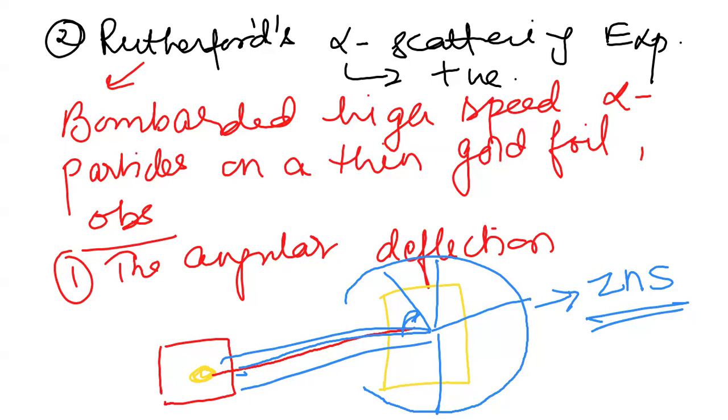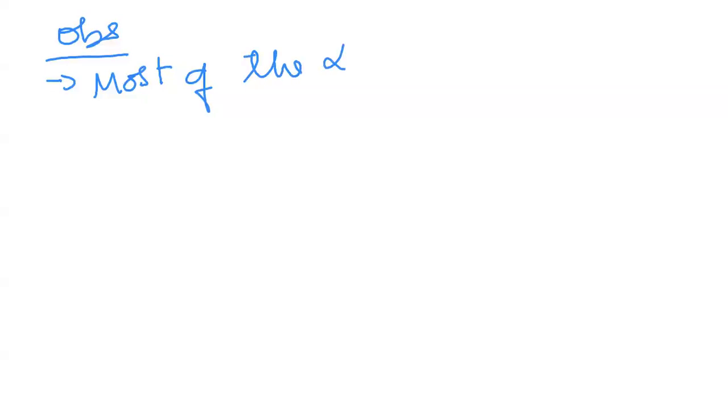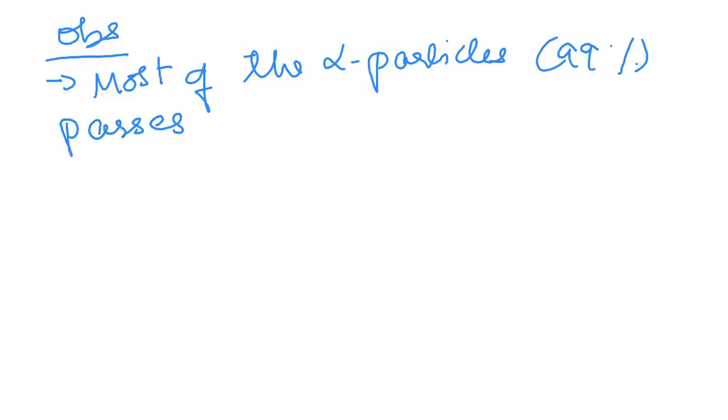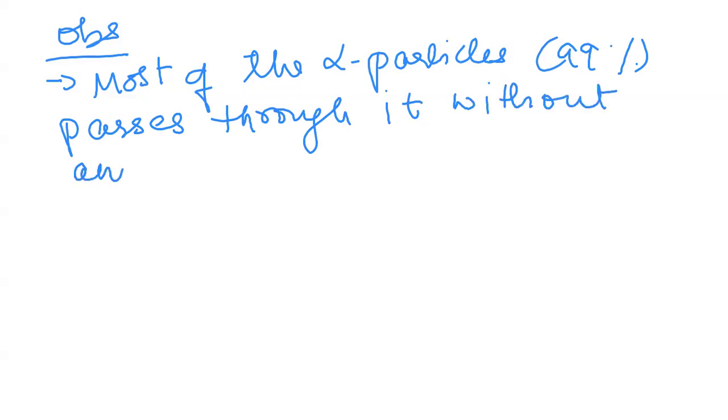So, what were the observations which were made? Write down the observations. Number one, most of the alpha particles, that is, you can say 99%, pass through it without any deviation or deflection.